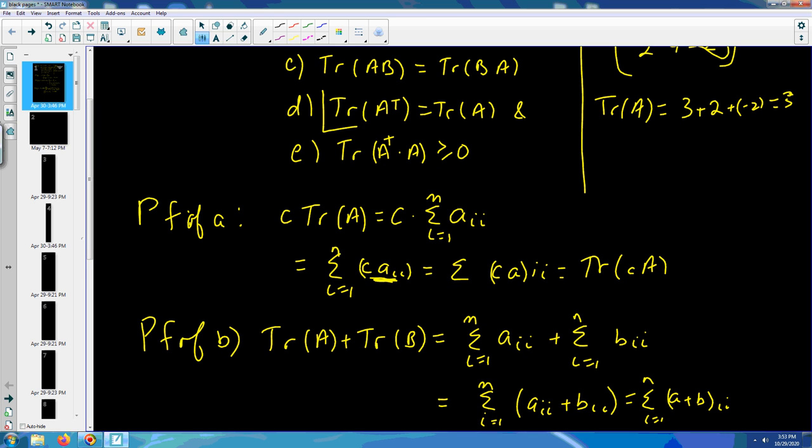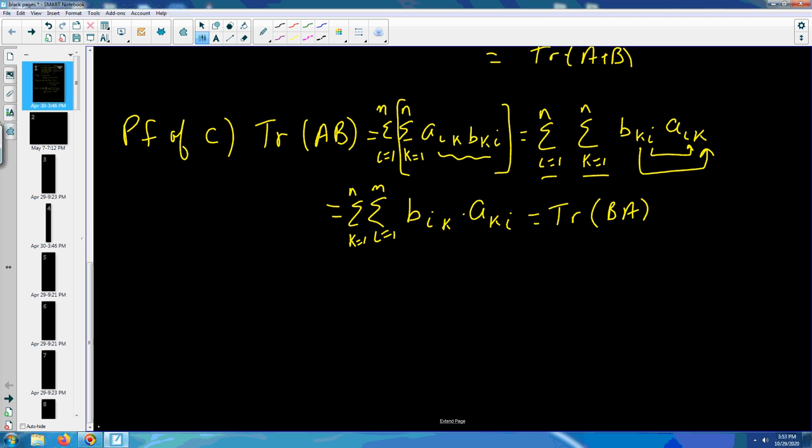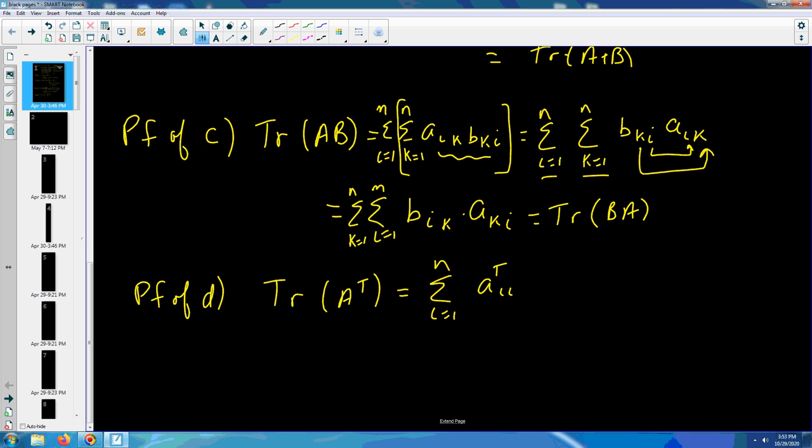Letter D wants us to show that the trace of A transpose is the same as the trace of A. So, proof of D. The trace of A transpose, well, this is just the summation as I goes from 1 to N of A transpose II.